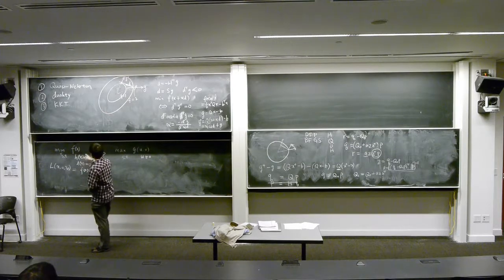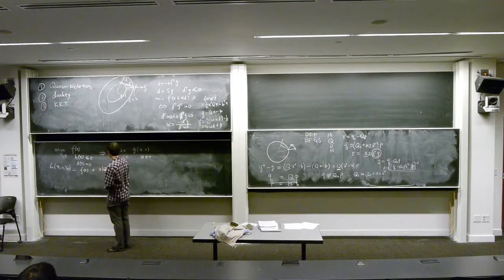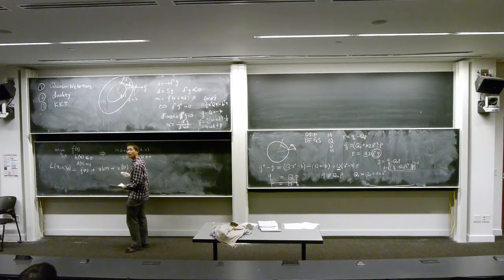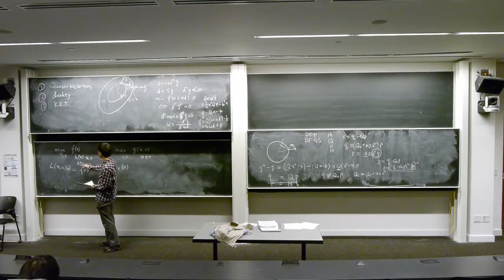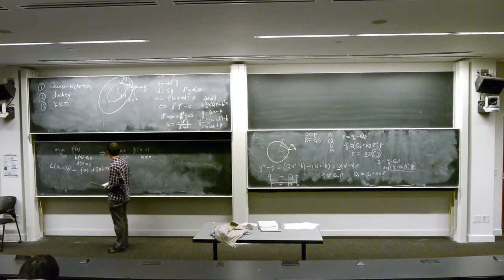You multiply u to this constraint, u times h of x, and you multiply v to this constraint, v times L of x. For simplicity, let's say we only have 2 constraints, one for each type. But in reality, you also have a summation here. Or maybe I should write it.